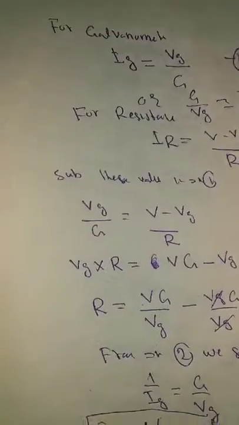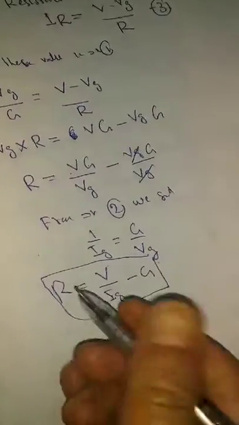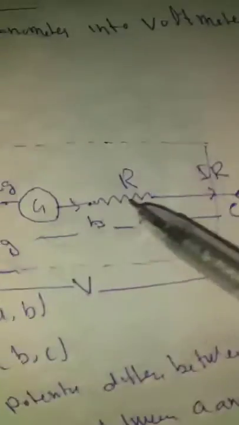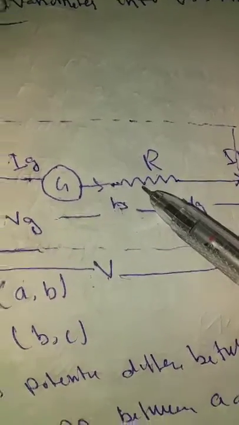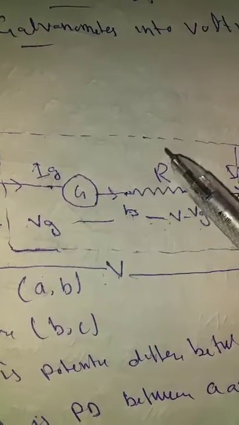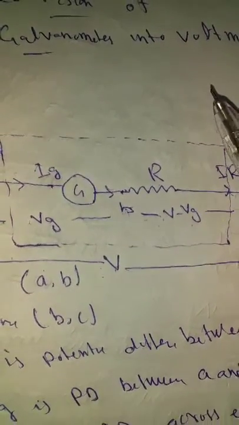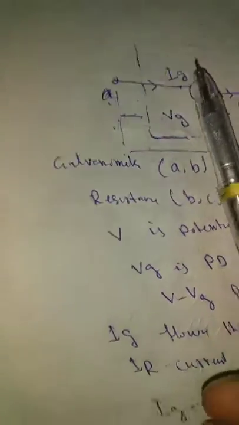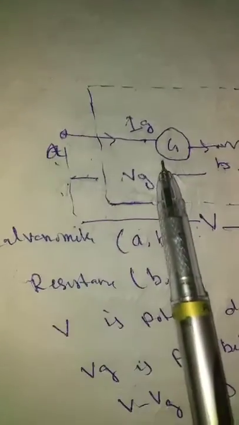That means, knowing the value of R: R is the resistance we are connecting here. Ig is the current flowing through the galvanometer. G is the resistance of the galvanometer.